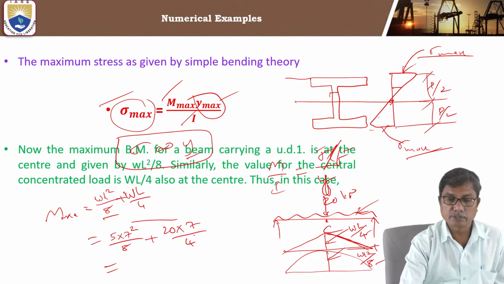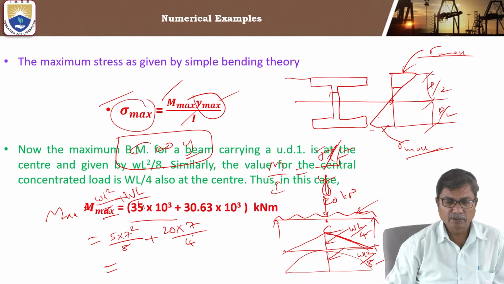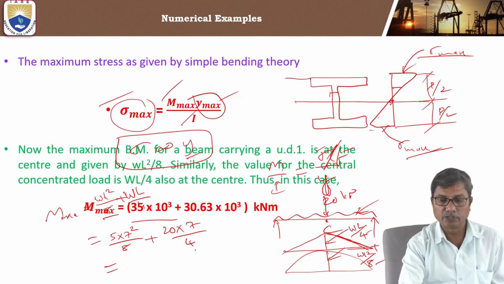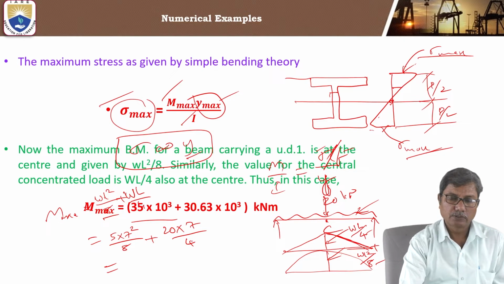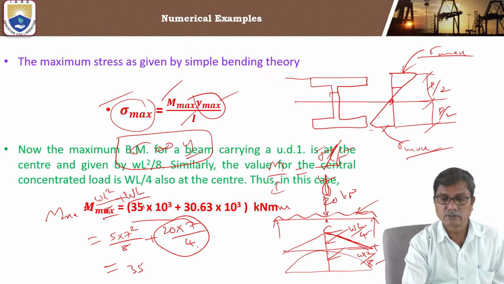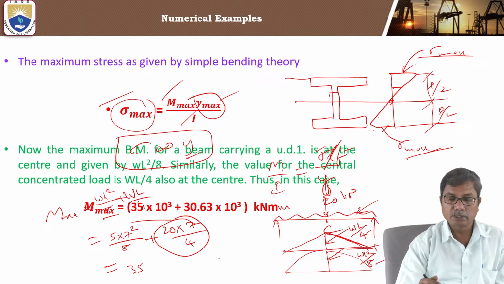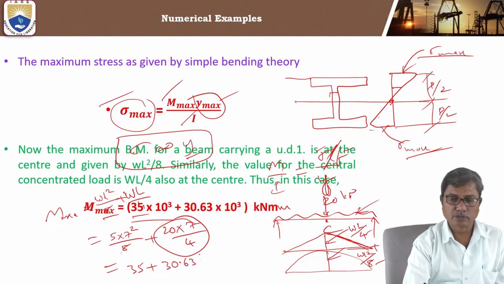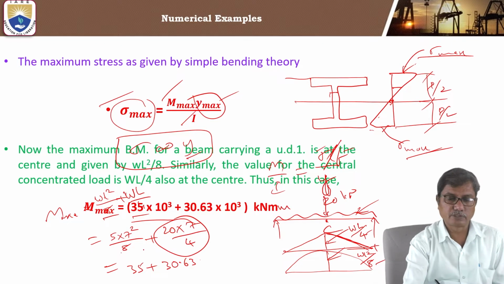So it comes out to be 35 units. WL by 4, that is 35 kilonewton meters.